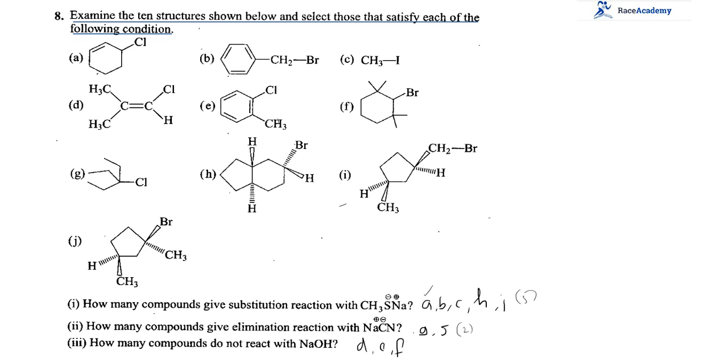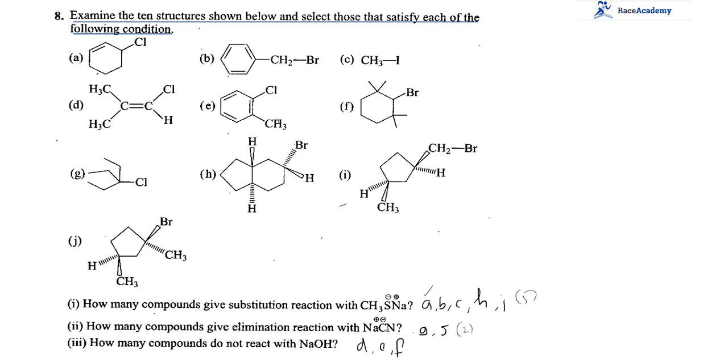Next, third question, we see how many compounds do not react with sodium hydroxide. So they have given D, E, F. How D? Let us check it. This is a stable alkene. Sodium hydroxide cannot easily react with this one. Take E, where a chloro compound is there, a methyl group is there, because of this inductive +I effect, these halobenzenes are less reactive towards sodium hydroxide.